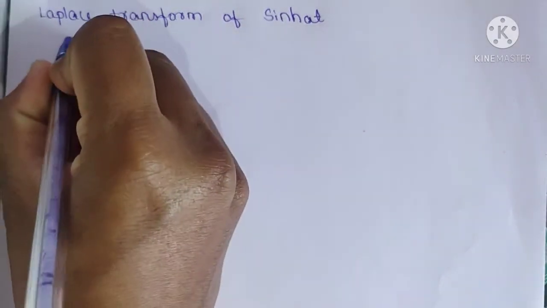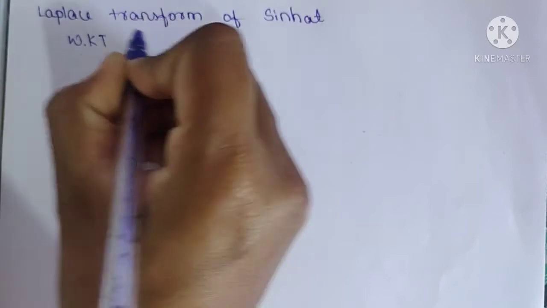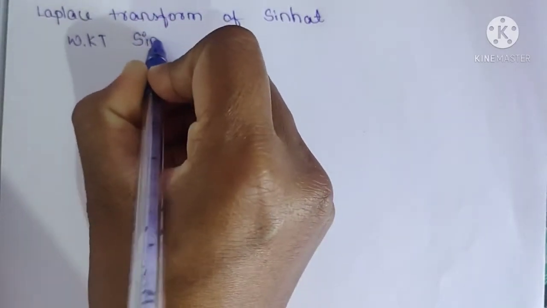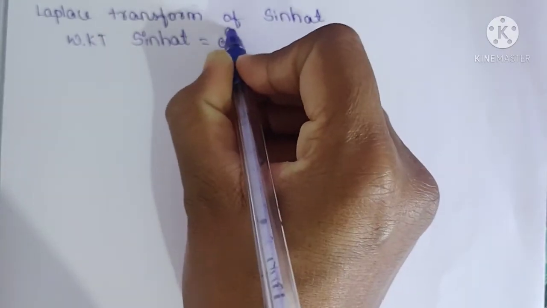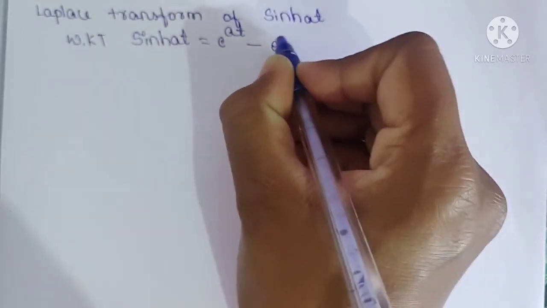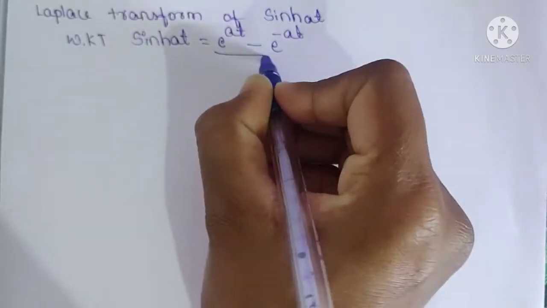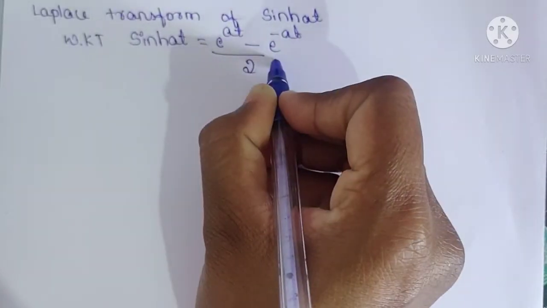We know that sinh(at) is equal to (e^(at) minus e^(-at)) divided by 2. Apply Laplace on both sides.